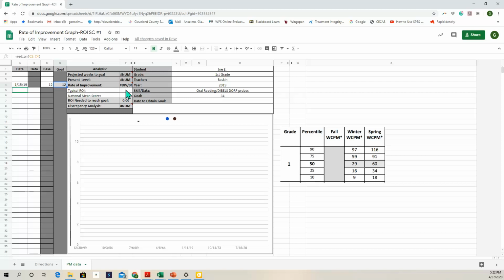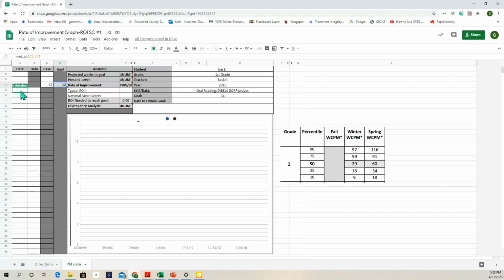You will need to fill in some information in the 2 white boxes, okay? So far, we have the baseline data that you're going to input here, and then we have a couple of things that we need to input here, and then the demographic data to include the goal and the date to obtain goal.